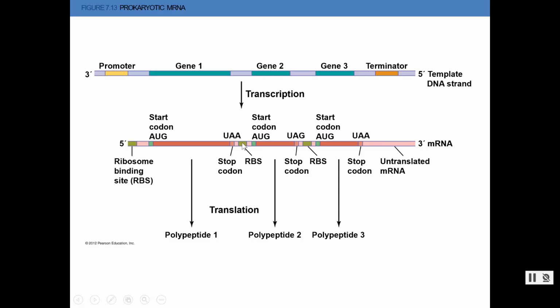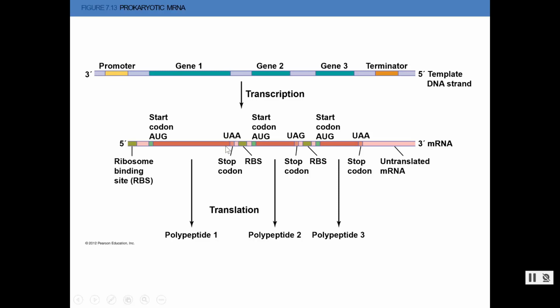So multiple ribosomes can bind to the same mRNA and translate this into 3 different polypeptides. This is referred to as polygenic because we've got multiple genes on one mRNA strand, and this occurs in prokaryote cells and doesn't occur in eukaryotic cells.